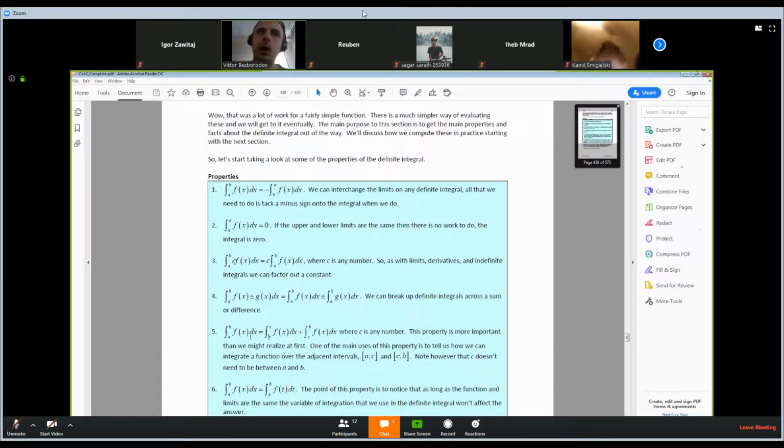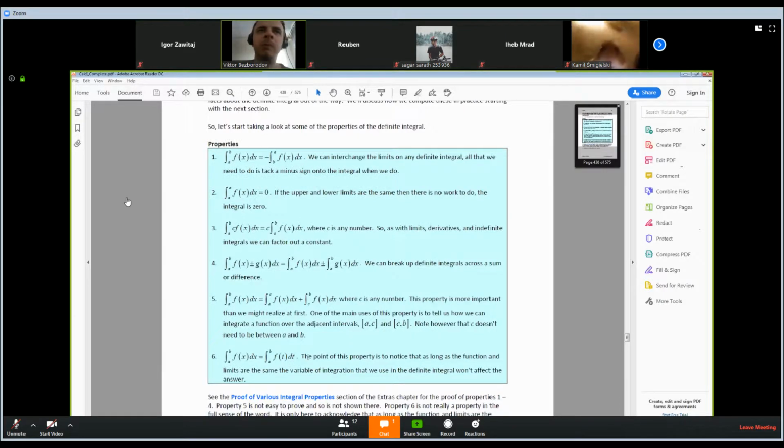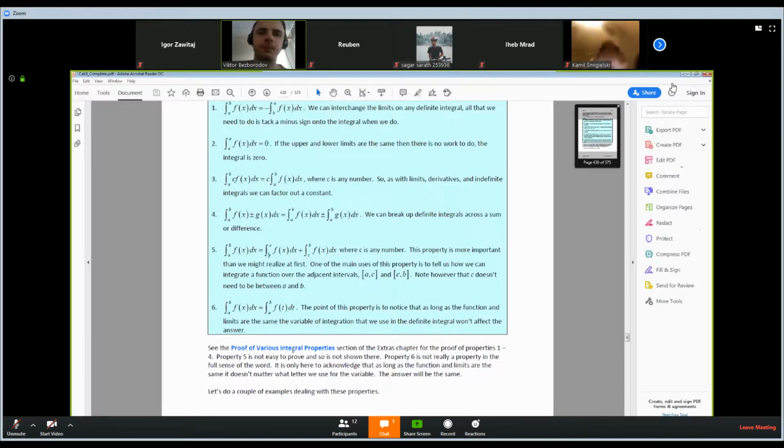I said that you can think of c as being in between a and b, but formally this equality in fact holds for any number c. C doesn't need to be in between. And then 6.